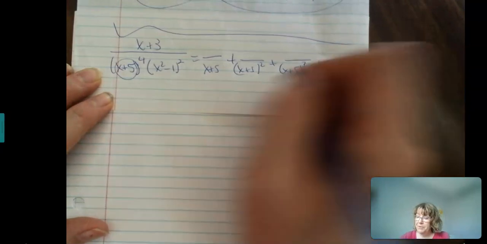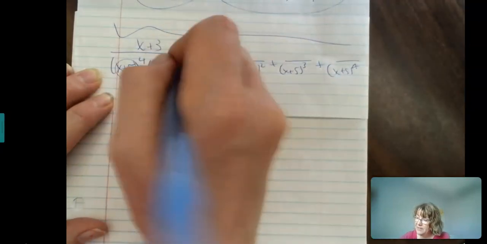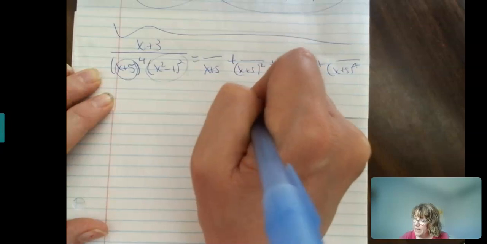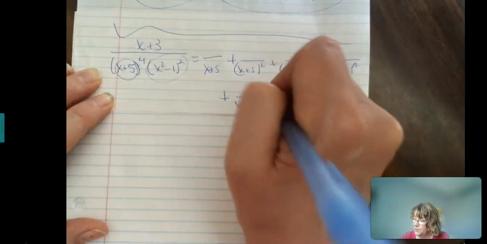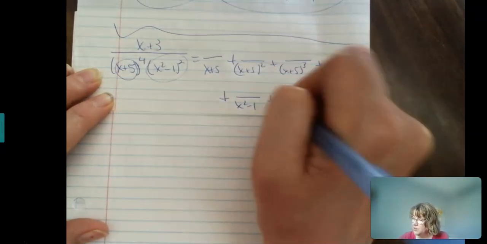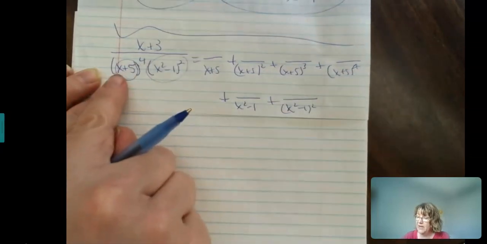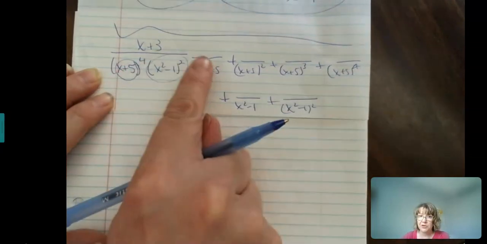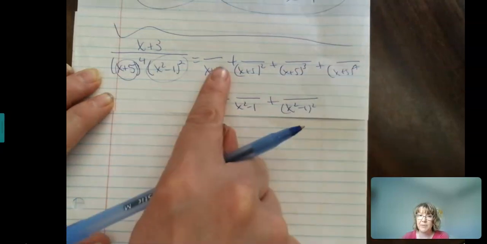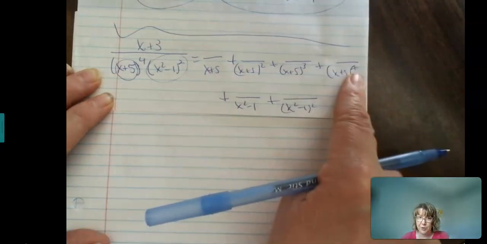Plus you have x squared plus 1, and you don't know if it's to the first power or squared. So I'm going to need that represented squared, cubed, and to the 4th power.